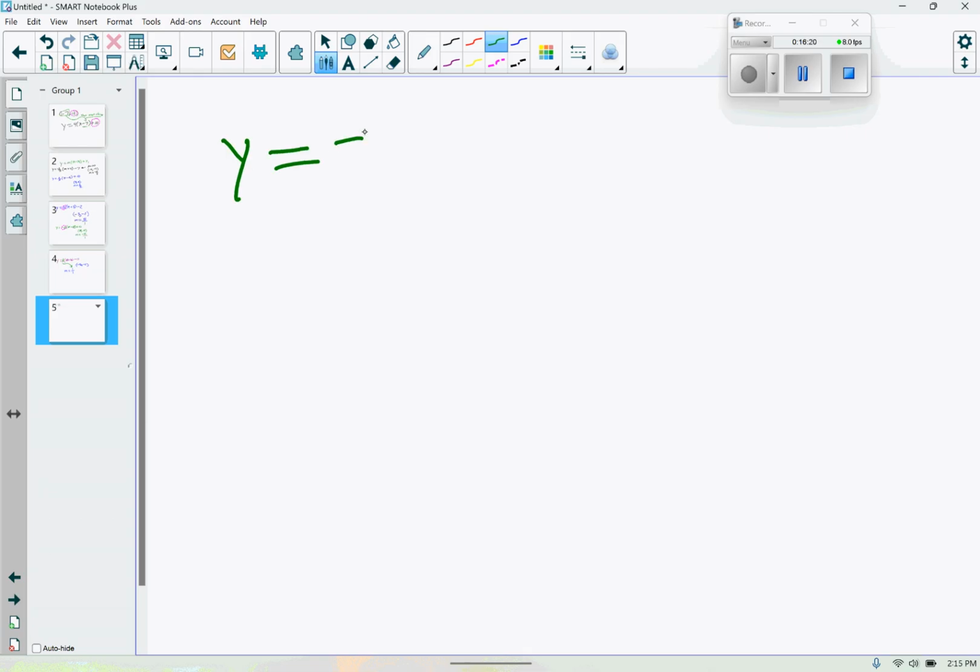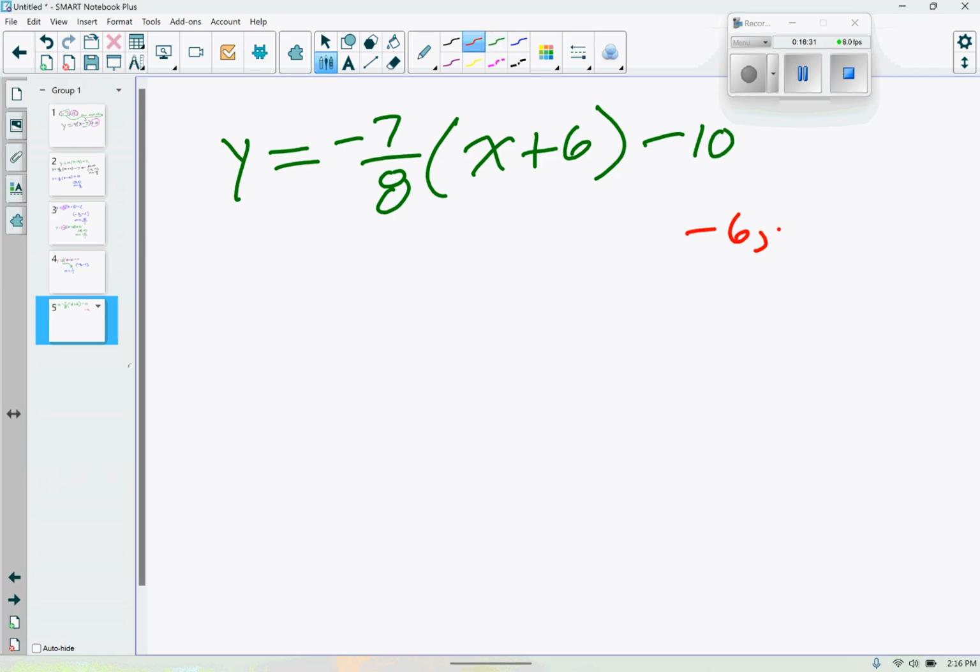Let's say we have negative 7 over 8 x plus 6 minus 10. Okay, what's my point? Negative 6, negative 10. Okay, so let's do this.